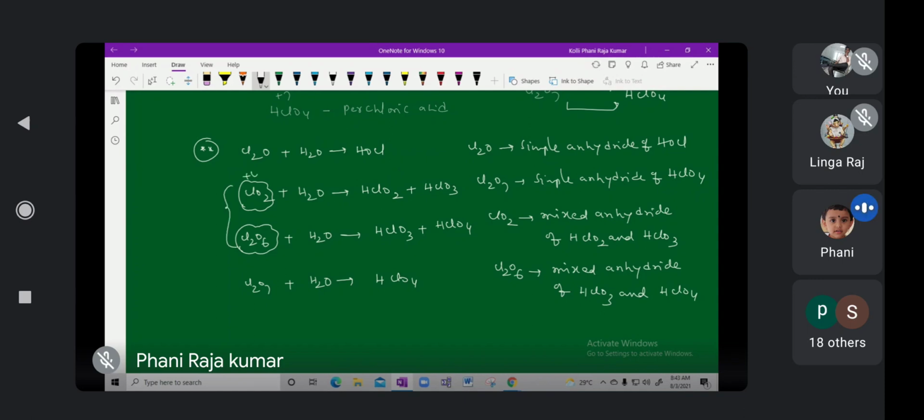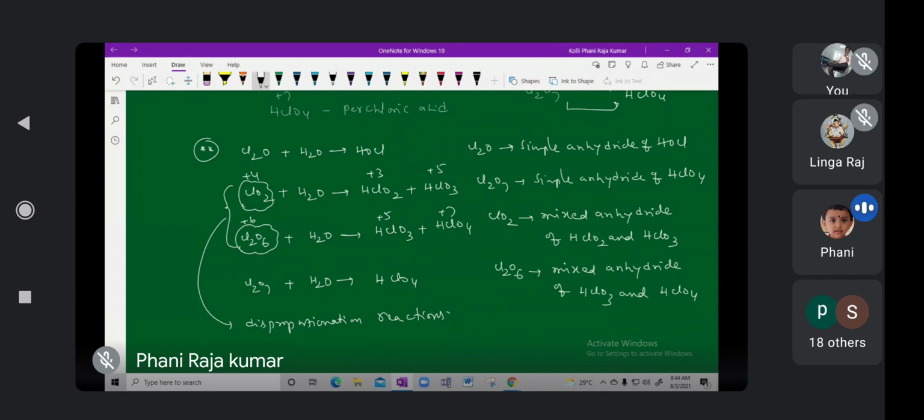These two reactions are also disproportionation reactions.